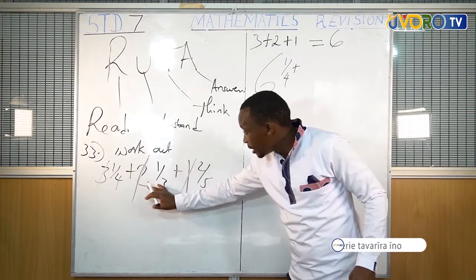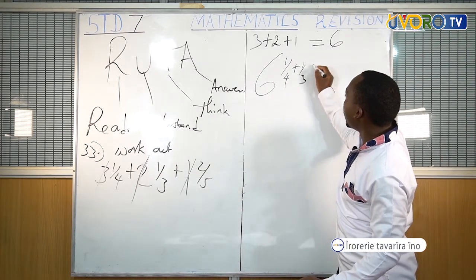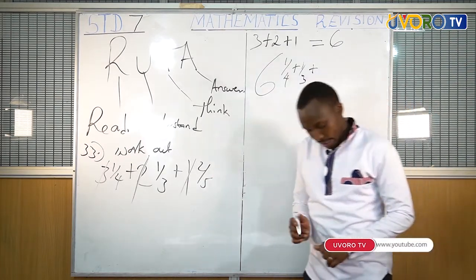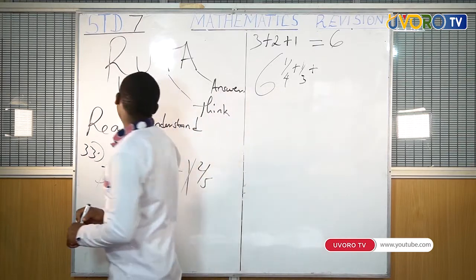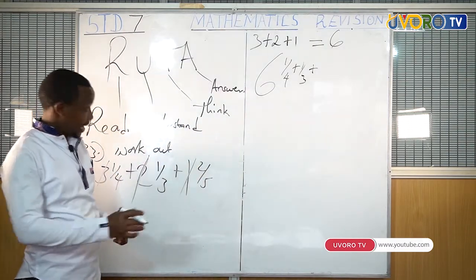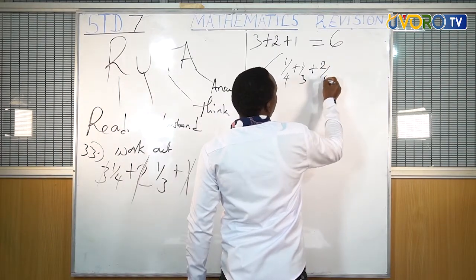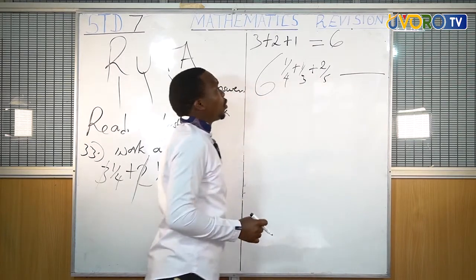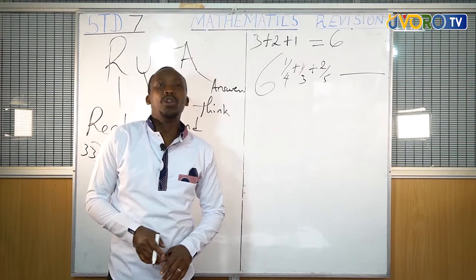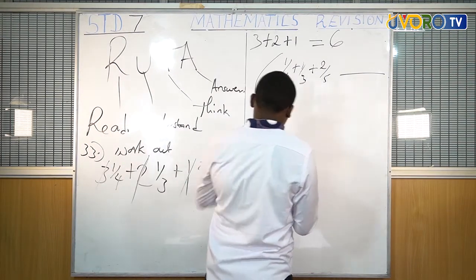That is 1 over 3. Okay. Plus 1 over 3 plus the last set of numbers. Which one is the fraction there? That one is 2 over 5. All right. What do we do to the fractions? We find the LCM. Very good. So find the LCM of 4, 3, and 5.